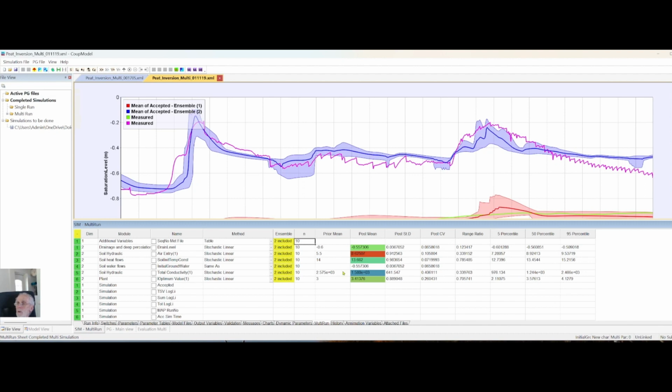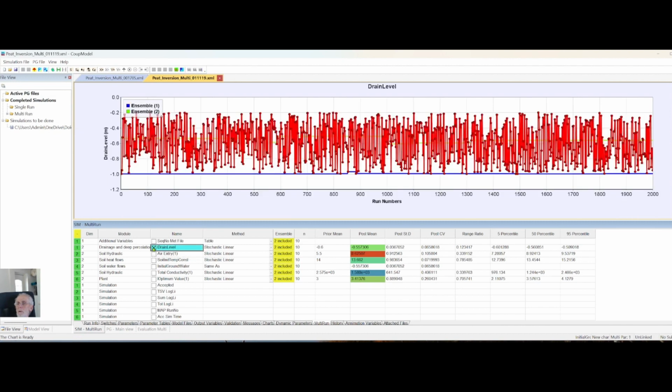If we would like to look to the distributions of the parameters, we can click to them one by one. So for instance, I click to this drain level now, and then we see that we have all the variability of the parameters for the 2000 runs, and then we have one blue.